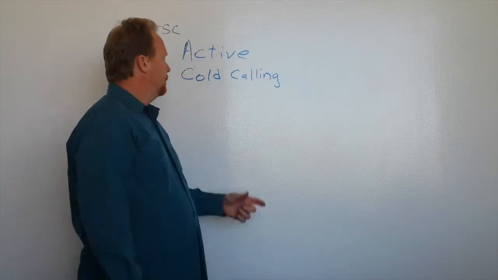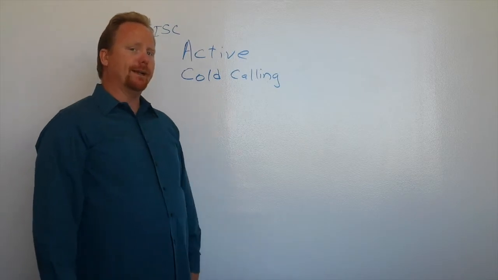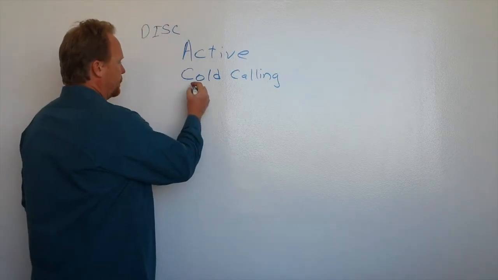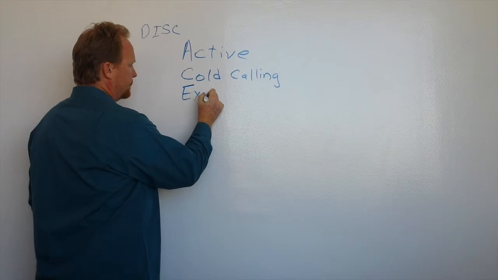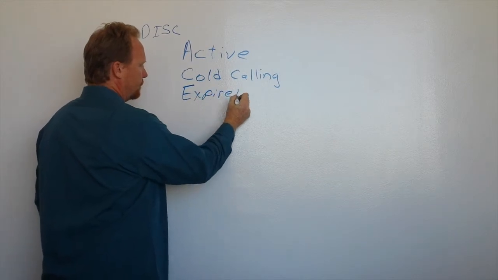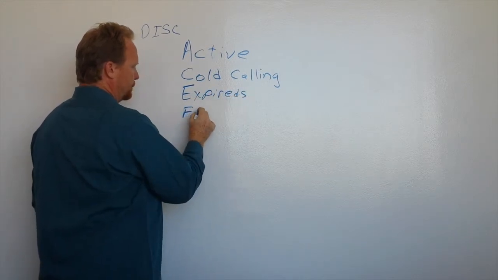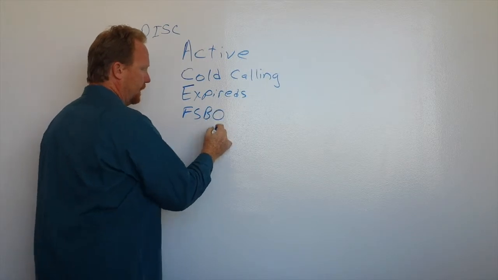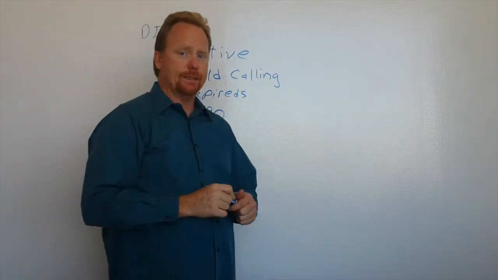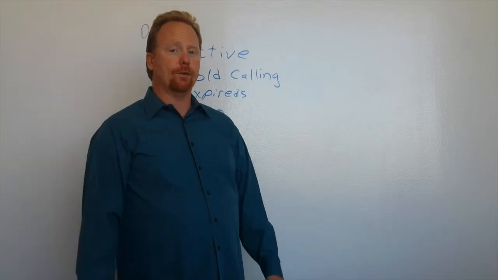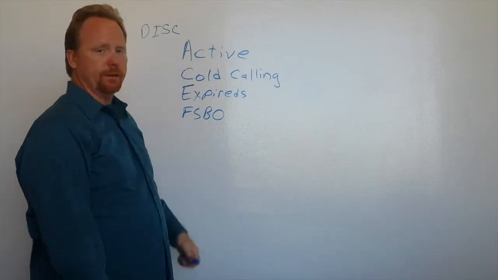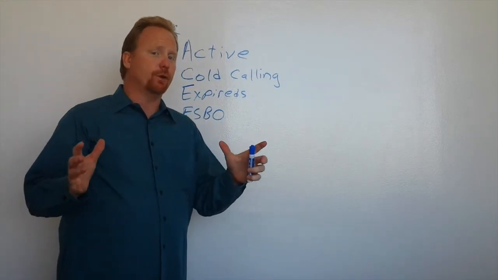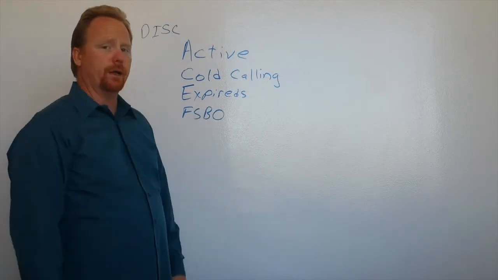But if we can do a form of this by narrowing down the list, you can call expireds. And also FSBOs, for sale by owners. Now these people have raised their hand and said, I want to sell my house. So rather than doing cold calling, unless you're working in a particular neighborhood, a farm area, that would be okay.